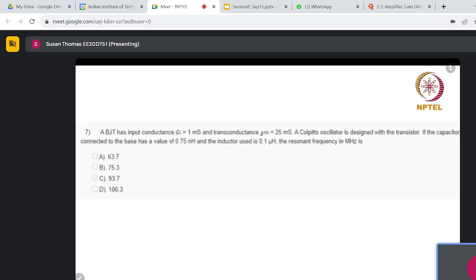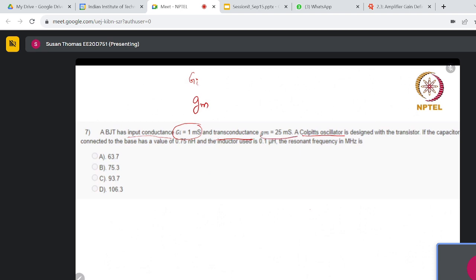So you have a BJT with an input conductance GI. You have the GI value given, the input conductance GI, and a transconductance GM. These are parameters with respect to the BJT, and you are going to design a Colpitts oscillator.